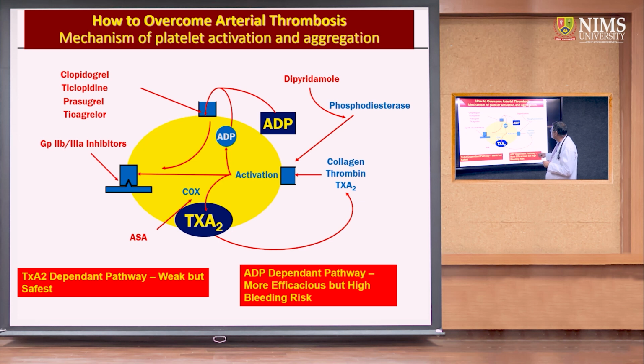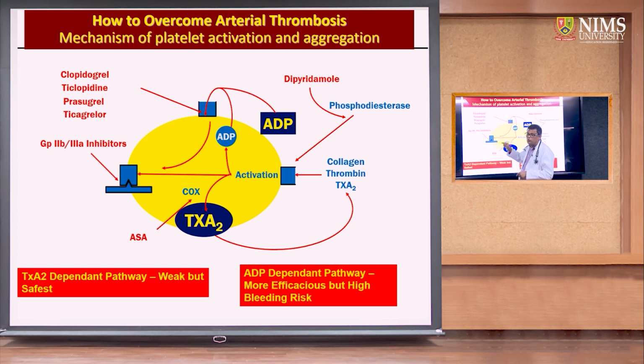Platelet activation can happen by various mechanisms. One is that there is formation of collagen, thrombin, thromboxane A2. This is the ADP dependent pathway, then it causes ADP activation, and that leads to the final common pathway, that is GP2B3A.